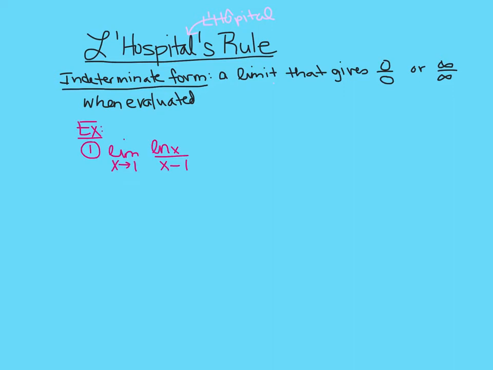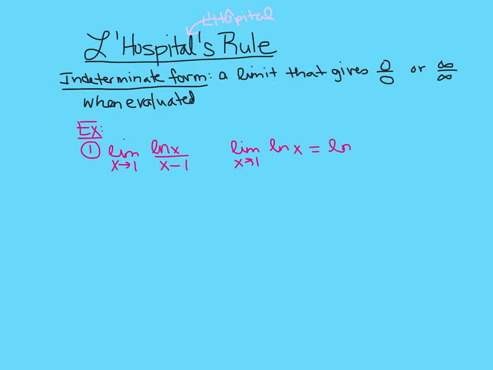So for example, let's say we have the limit of ln of x over x minus 1 as x approaches 1. If you evaluate the limit of the numerator and the limit of the denominator, you actually will get 0 for each of those. I'll show you what we're going to do, and I'm going to explain why I'm writing it like this in just a second.